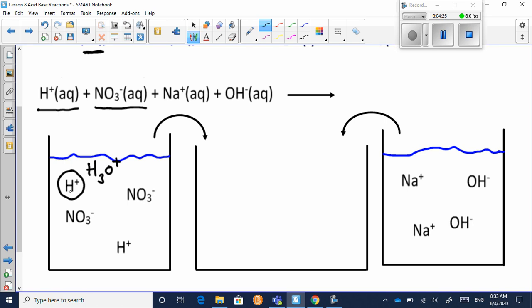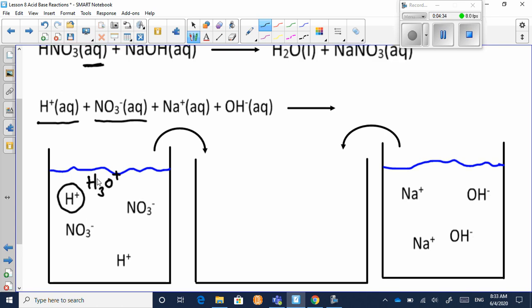It just means that the H plus has joined with a water molecule to form H3O plus. Okay, so here it is in ion form: all these H plus and NO3 minus ions have broken apart. In the same way, in another beaker, we've got sodium and hydroxide, and because it's aqueous, they have broken apart into their sodium ions and their hydroxide ions.